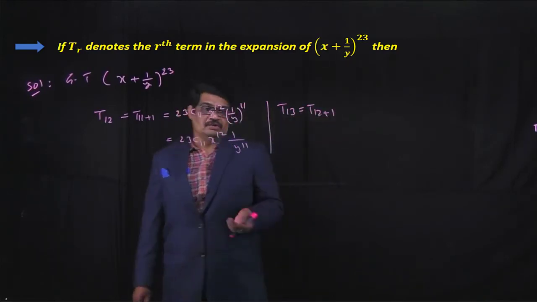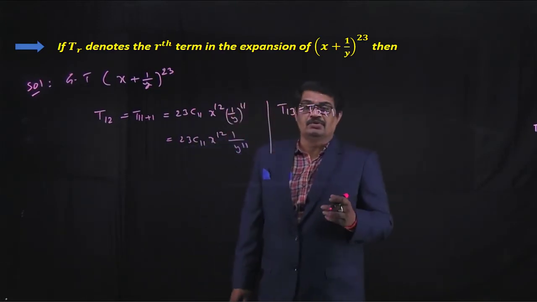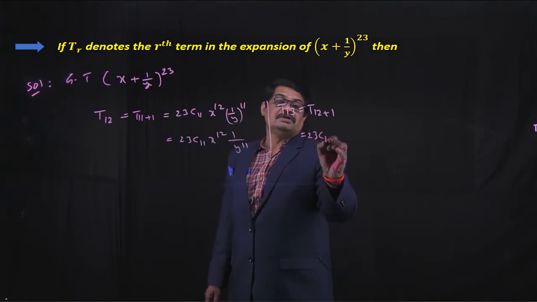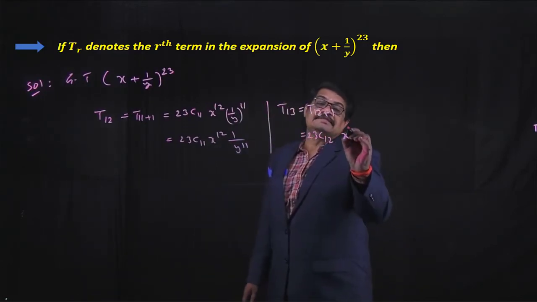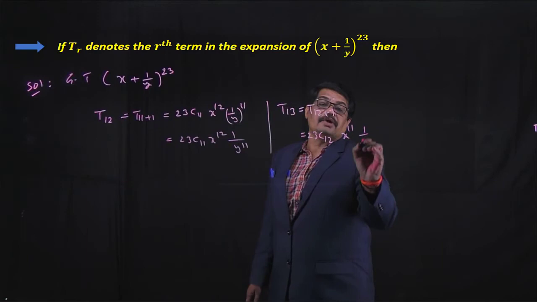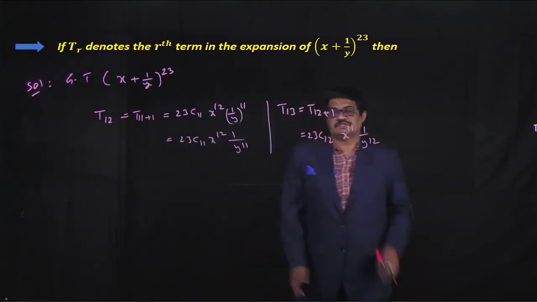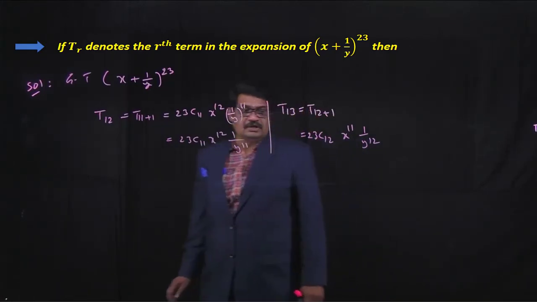It is T12 plus 1, so the 13th term. The term is 23C12 into x to the power of 23 minus 12, that is 11, into 1/y^12. So this is the 13th term.